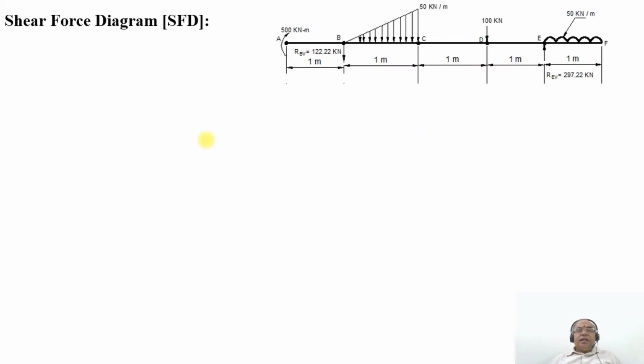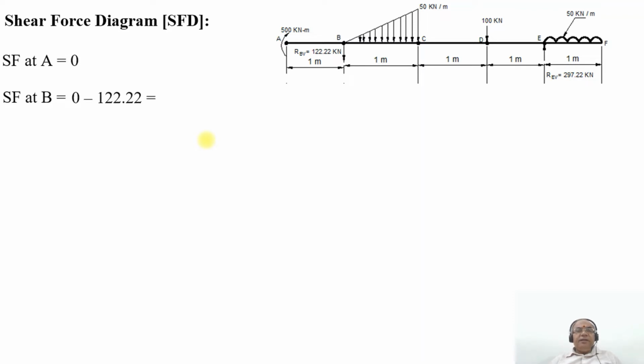Now we are going to take up the shear force diagram. At the point A, it is 0, because the couple will not be considered for shear force. Between A and B, as there is no load acting, it will be 0.